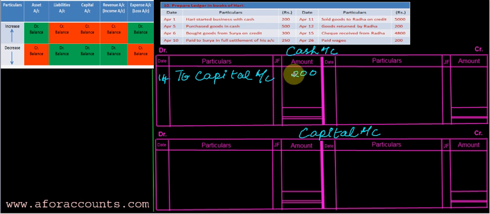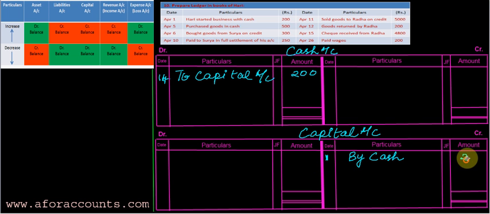Okay. Now, what will be the reverse effect in capital account? Cash account debit to capital account means here by cash on 1st April. You need to write full date, 1st April 2015, like this.